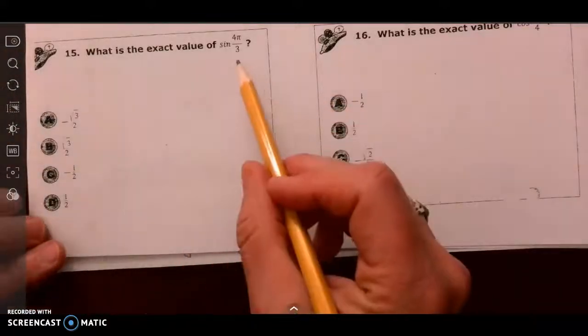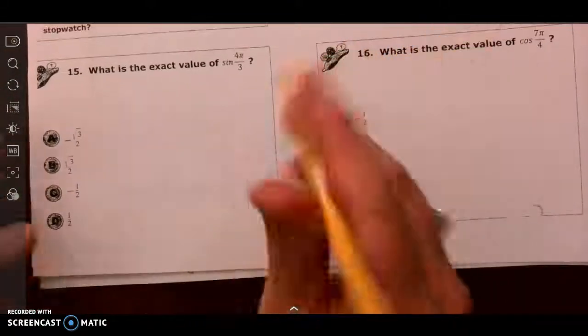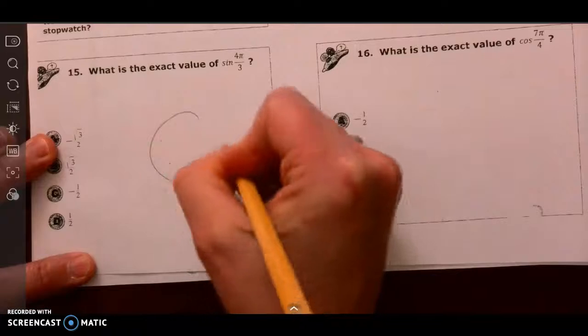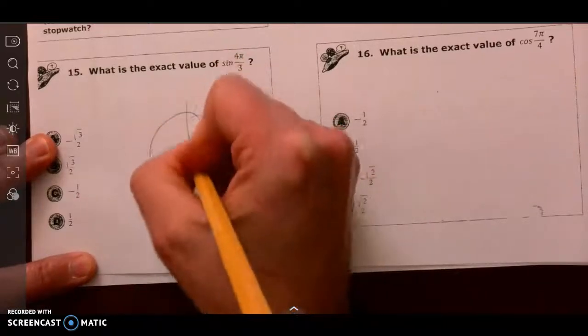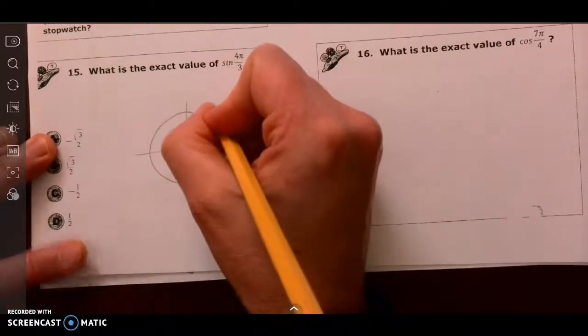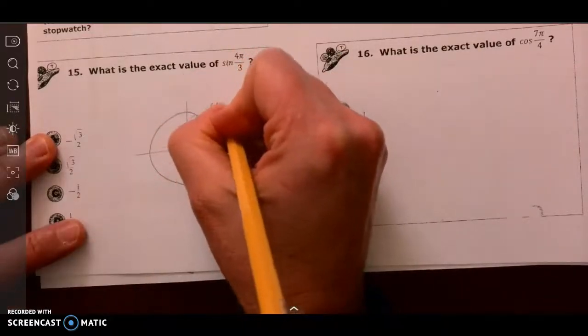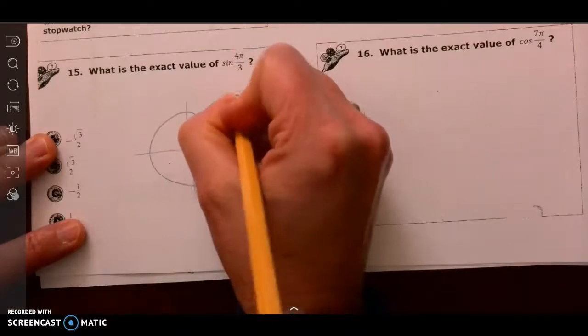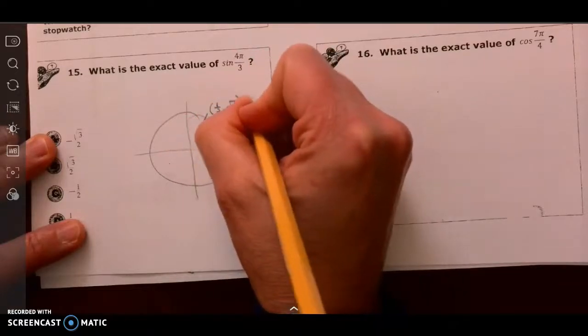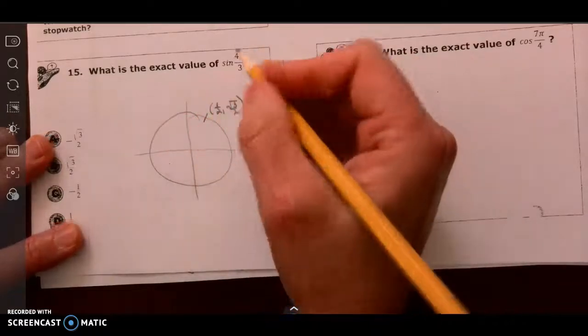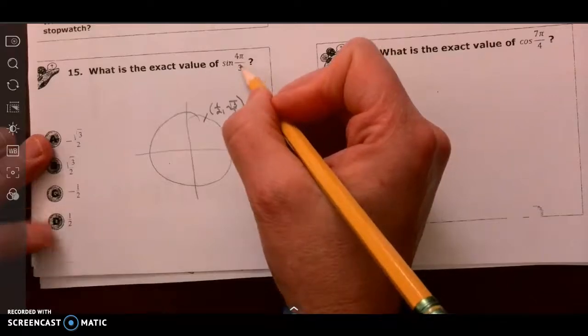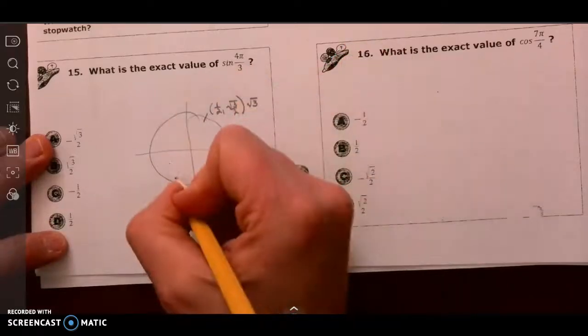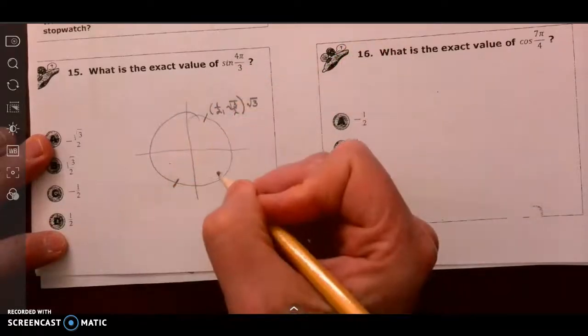What is the exact value of 4 pi over 3? Well, I know in my unit circle that my pi over 3 family is 1/2, square root of 3 over 2, and the tangent is the square root of 3. 4 pi over 3 is going to be down here in this quadrant.